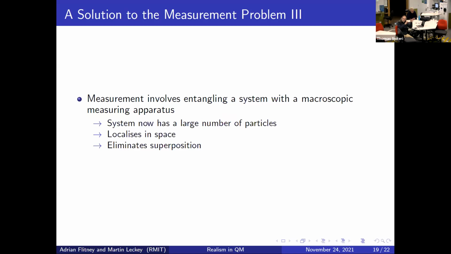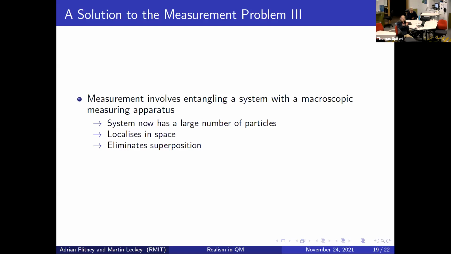So these collapses are happening whether we're taking measurements or not. Of course, if I then take a measurement on a macroscopic system, there is no mystery as to why it's not in a superposition, because it wasn't in a superposition. It's collapsed already because it reached its critical volume. In fact, it'll be collapsing just all the time. If I take a measurement on some microscopic system, in order to get some readout on a dial or some pointer position, I have to entangle my system with some macroscopic measuring apparatus.